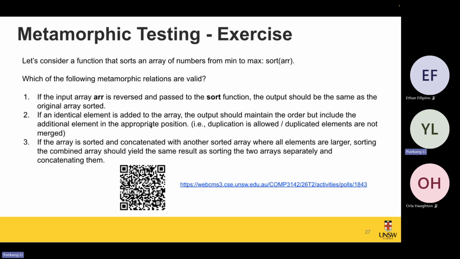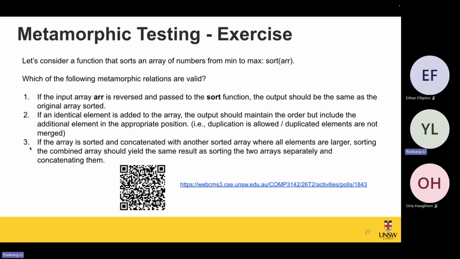And the appropriate position means that the duplicated element is at the index plus or minus one of the original element. So this is the second metamorphic relation.